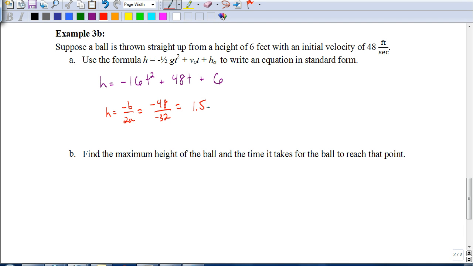So this means after 1.5 seconds, the ball reaches its maximum height. Now we need to figure out what that maximum height is. So we're going to take negative 16 times 1.5 squared plus 48 times 1.5 plus 6. And when you do that, you get 42 as your answer.